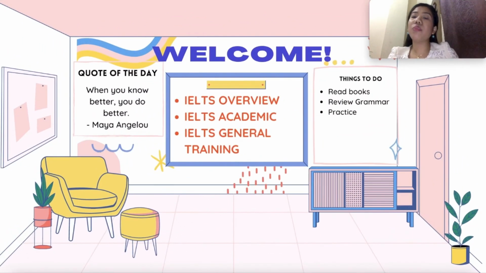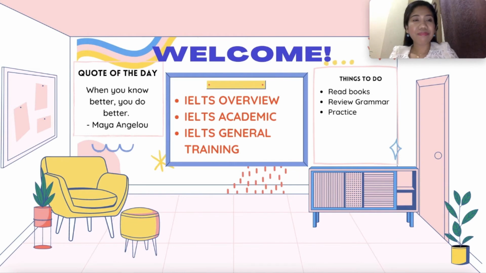So what are the things that we need to do? We have to read books. We have to watch movies. We have to sing songs. We have to read magazines, newspapers, watch series, documentaries, and anything that exposes you to the English language. So watch, read, listen, speak in English.